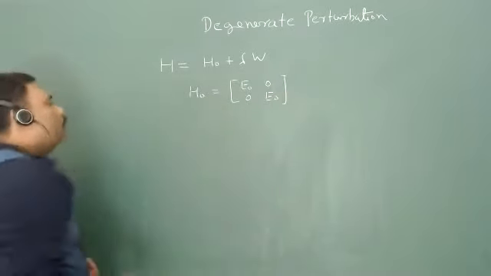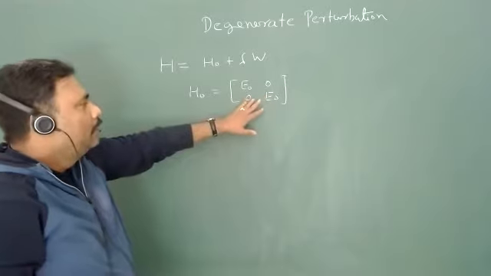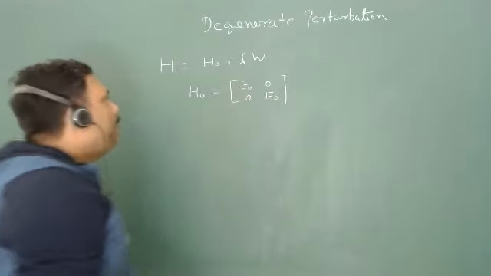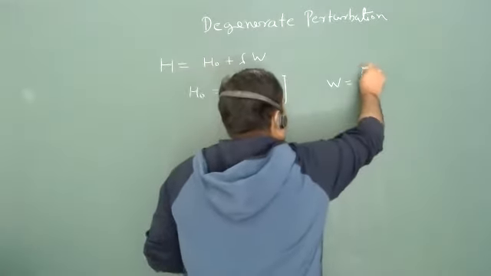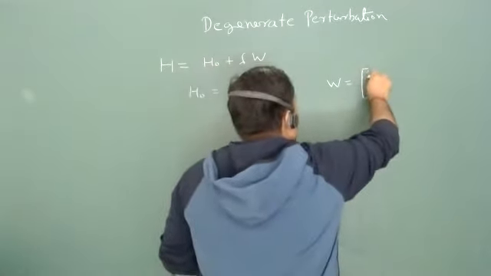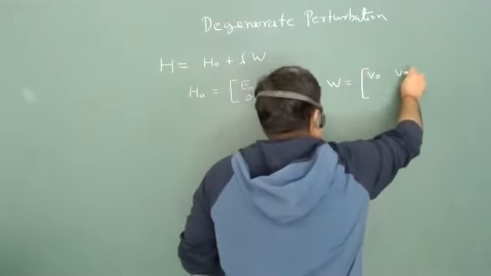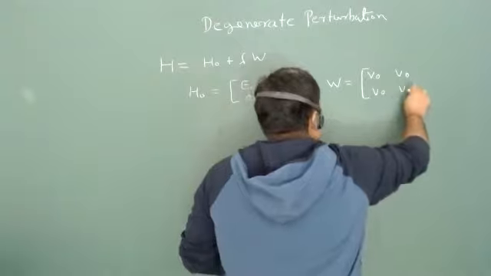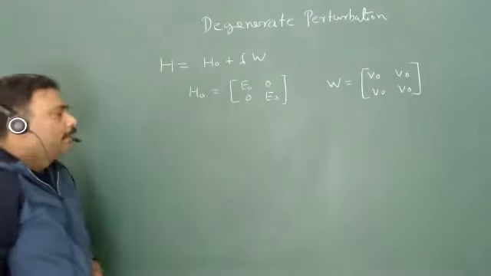Yes, this is a 2 cross 2 matrix, whose eigenvalue is E naught, and this is doubly degenerate. What is my W? Let's say W is basically V naught, V naught, V naught, V naught. So suppose this is my perturbed Hamiltonian.